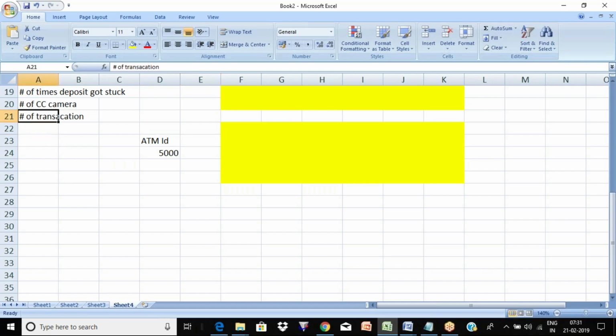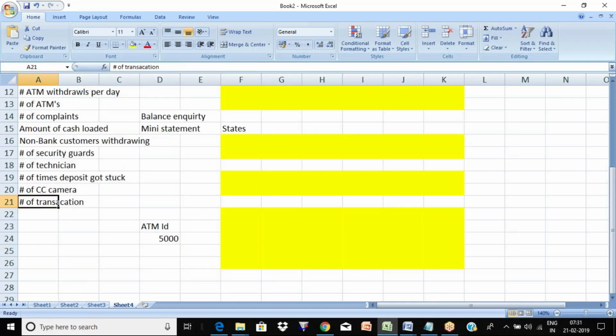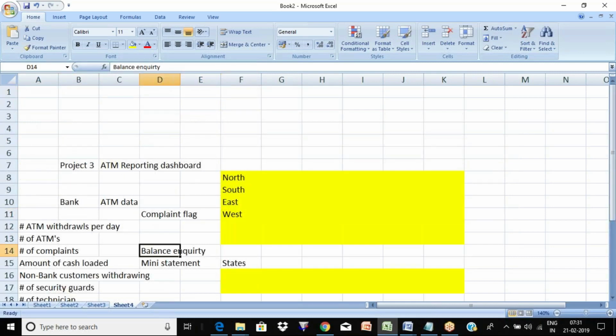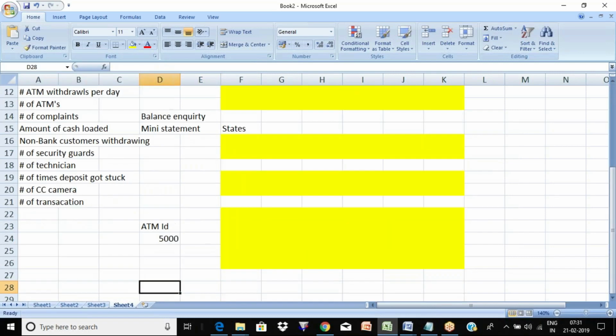So when the transactions are being done, one of the other important aspects which I will look at is customer footfall. So what do we mean by customer footfall?